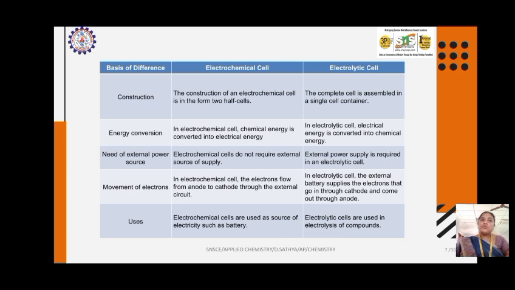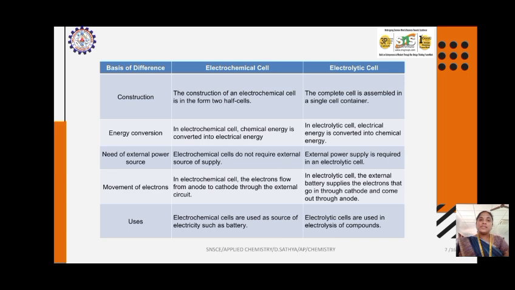The construction of the electrochemical cell is in the form of two half cells, for example zinc sulfate and copper sulfate. In the electrolytic cell, the complete cell is assembled in a single container, one beaker with two electrodes. The energy conversion in the electrochemical cell is chemical to electrical, and in the electrolytic cell it is electrical to chemical.